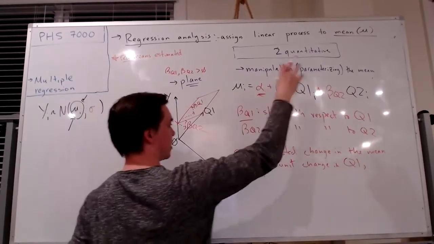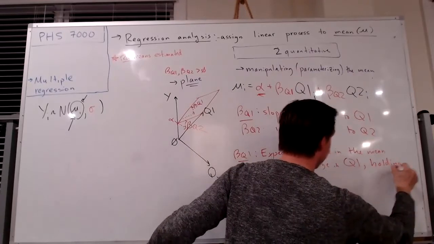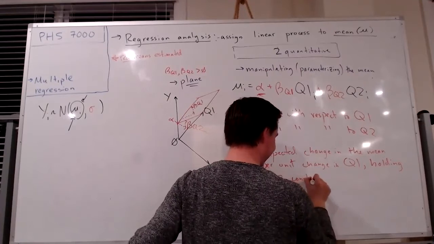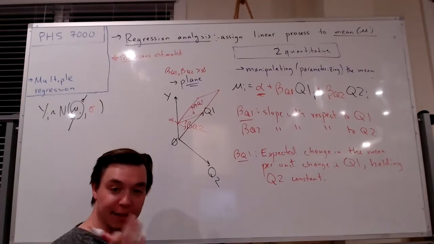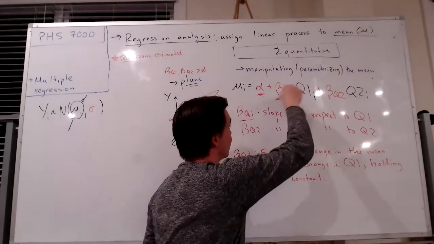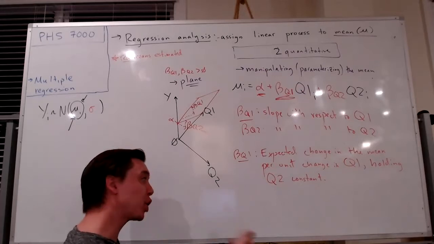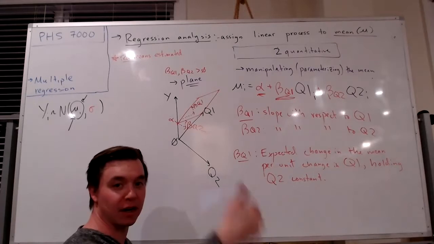All right, that's the slope with respect to Q1, holding the other variable constant. That's the formal definition and interpretation of this coefficient. It's the expected change in the mean per unit change in Q1, holding the other variable constant.